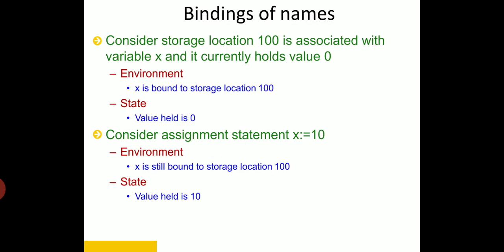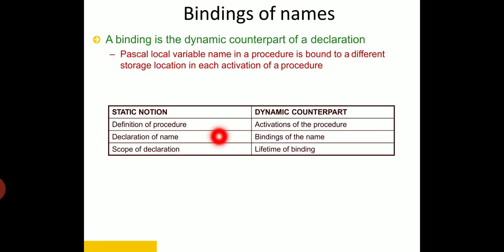Coming to the static and dynamic notions corresponding to the procedure, declaration and binding, we can say that for a procedure, in the case of the definition of the procedure, when a procedure gets invoked, an activation also gets invoked.